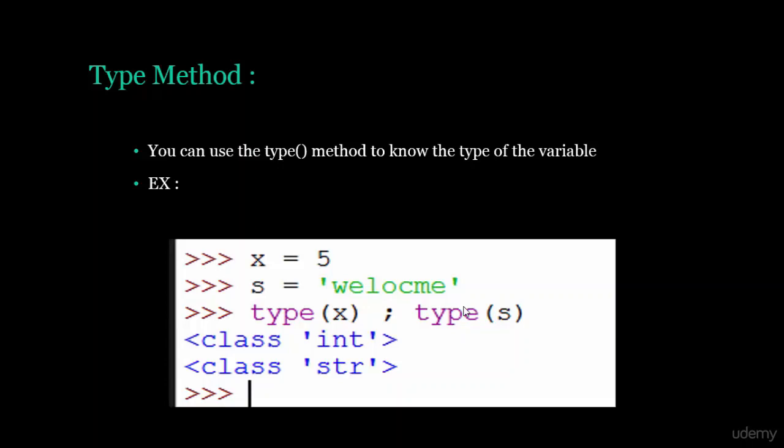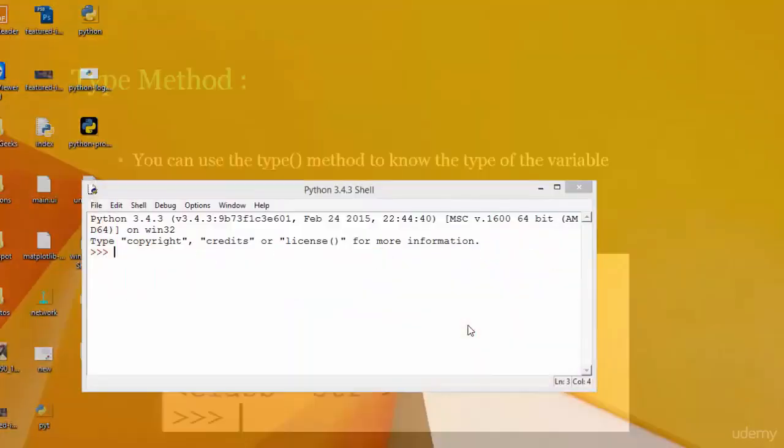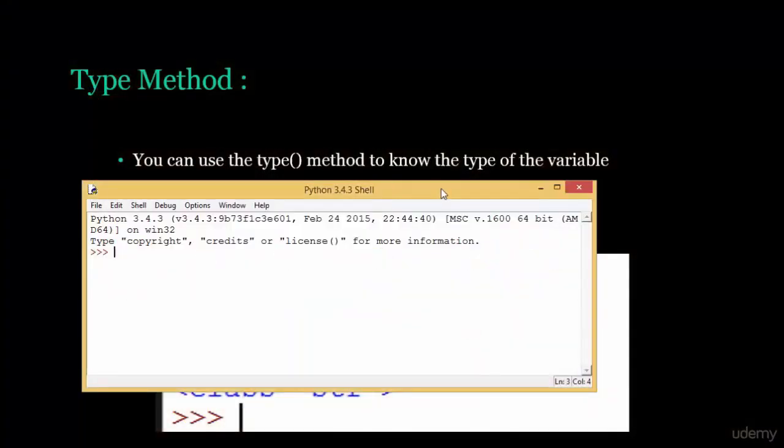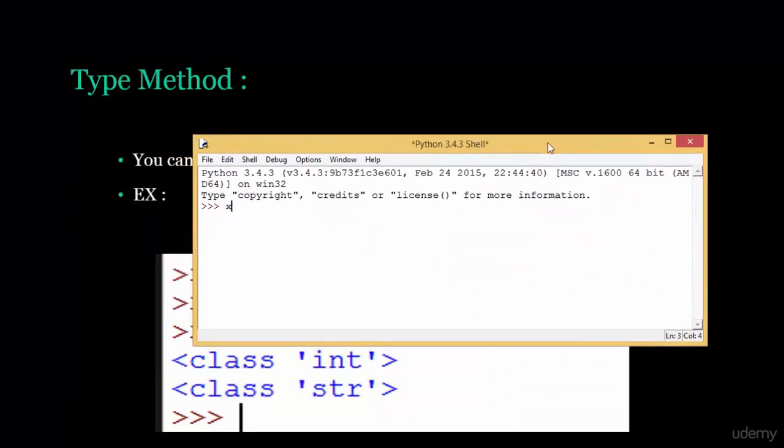Let's open our Python shell here. Now, if I type x equal to 5, then I say print type of x. To print the type of x, we can see here class int.